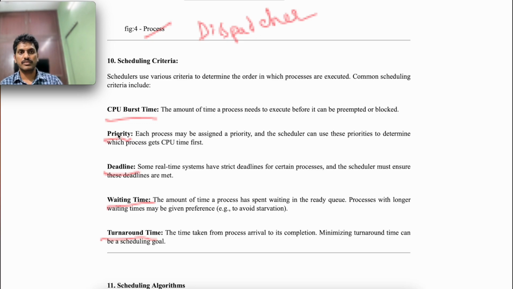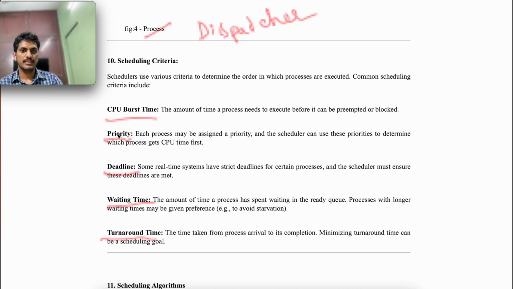Priority starts with 0, priority 1, priority 2, priority 3. So priority 0 gets the first chance. The process with priority 1 gets the chance in order 2, and priority 3 gets it in order 3.